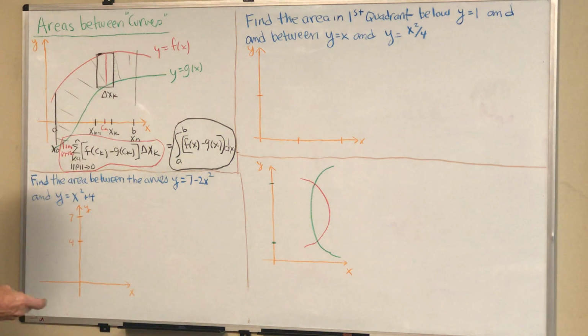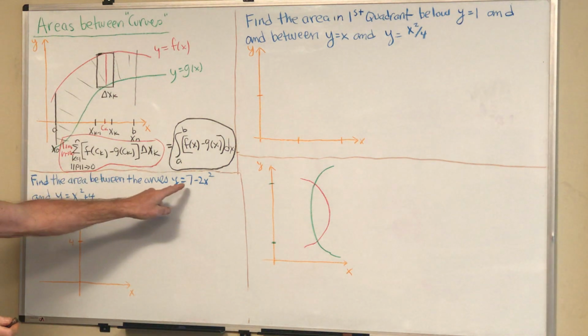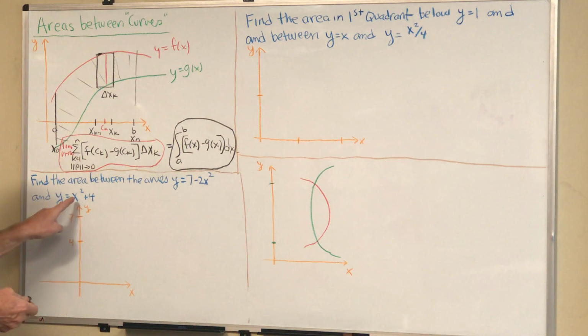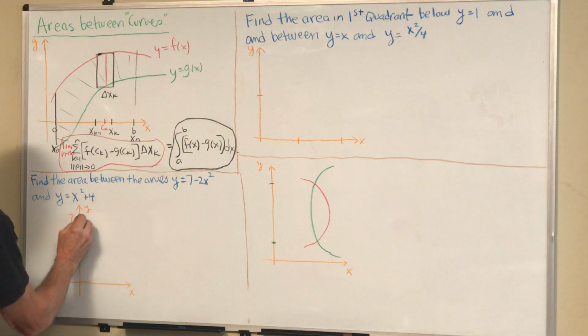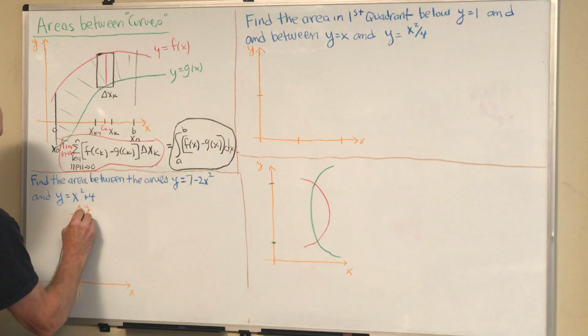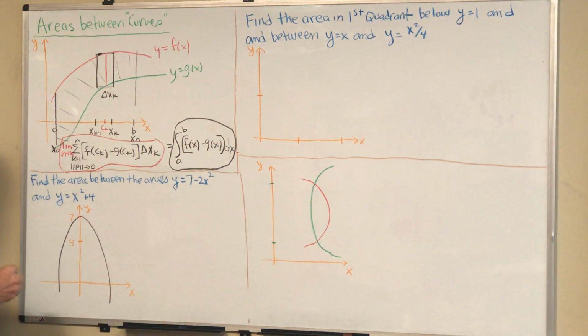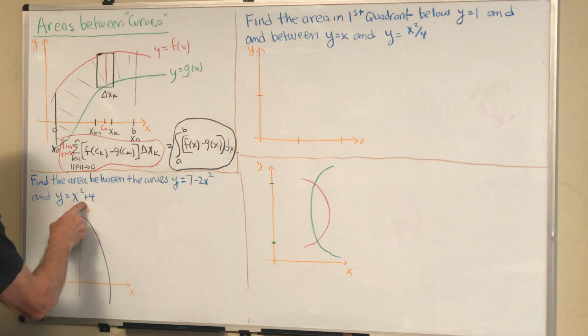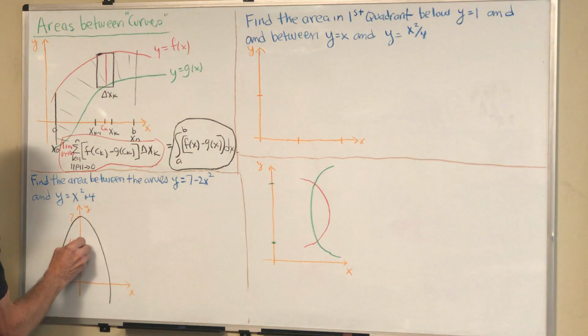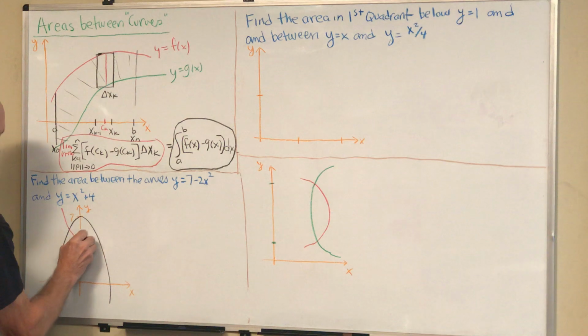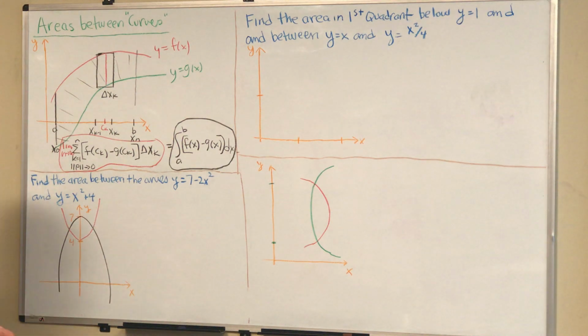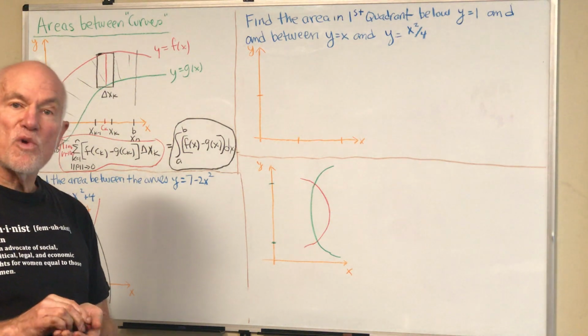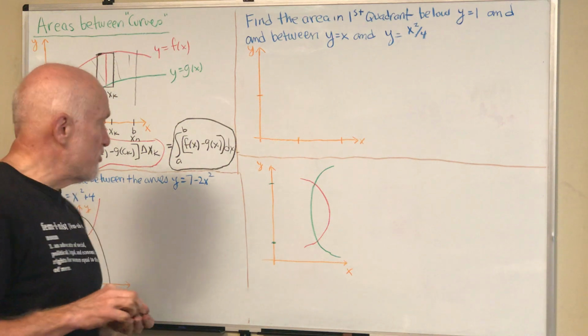So let's try a first example. Find the area between this downward parabola and this upward parabola. 7 minus 2x squared is going to go down, and 4 plus x squared is going to go up. One thing we are going to have to do now that's different is find out where they intersect.